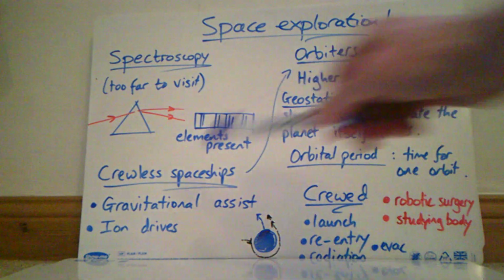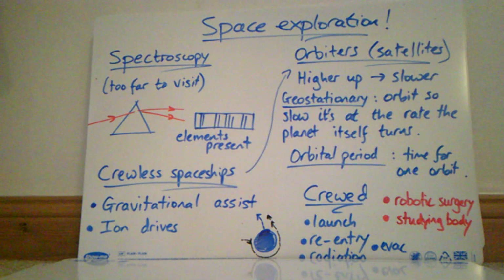Okay, ion drives. If instead of throwing out the back lots and lots of exhaust gases, which use up fuel very, very quickly, even though they give you a decent amount of thrust, you use an electric field to accelerate tiny charged particles, then that tank, if you like, of fuel of charged particles lasts far longer because it's a much more energy efficient process.